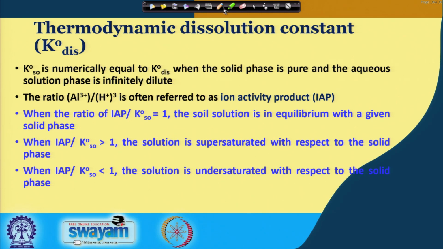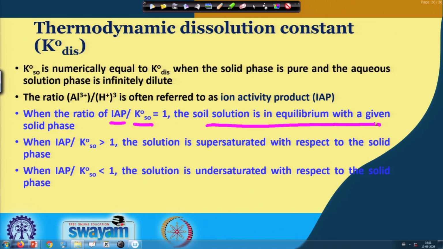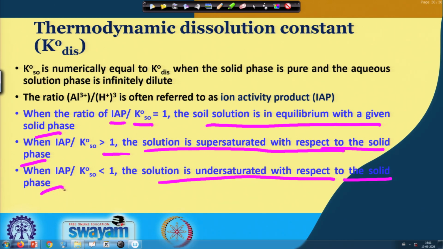So, when the ratio of this ionic activity product to this K0SO is equal to 1, then the solution is in equilibrium with the given solid phase. When this ratio becomes greater than 1, then the solution is supersaturated with respect to the solid phase, and when this ratio is less than 1, the solution is undersaturated with respect to the solid phase.